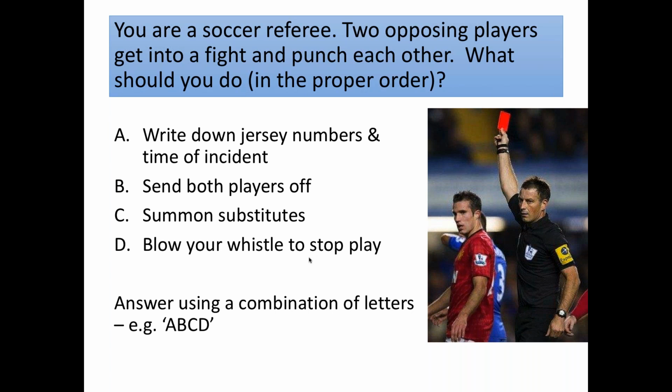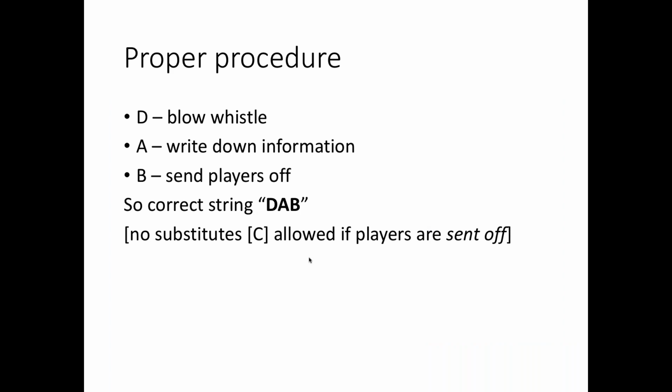Once again, using alphanumeric entry, I have people enter the response. But if you're a soccer aficionado, you will notice that there's something in there that's a little bit wrong, because if you get a red card in soccer, your team plays short and there are no substitutes. So this is a question where it's surface knowledge versus deeper knowledge.